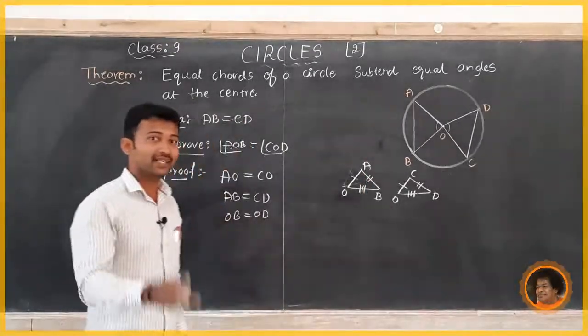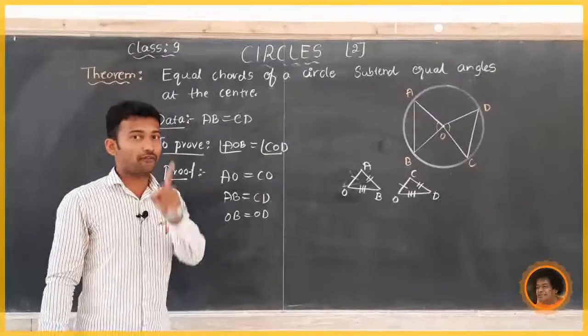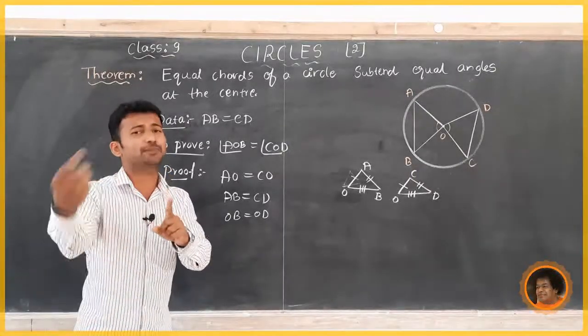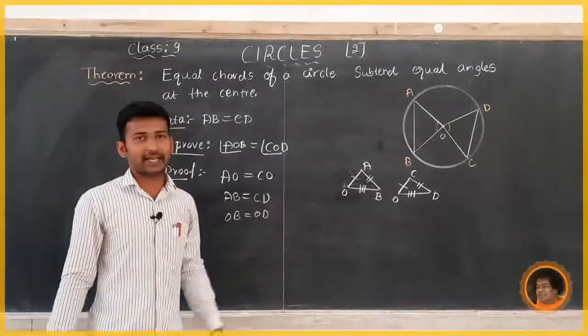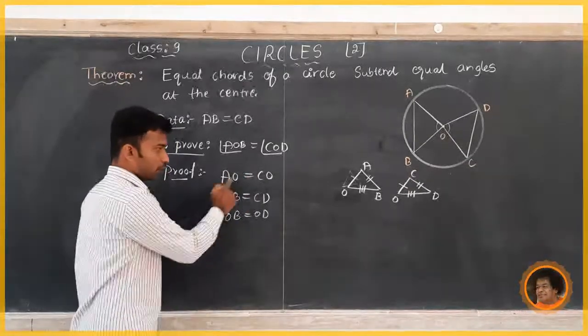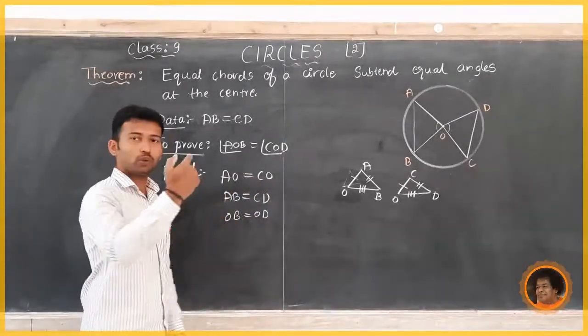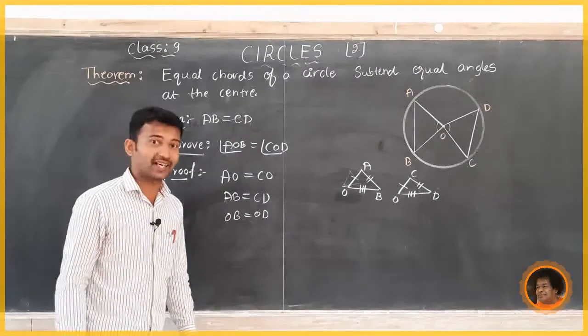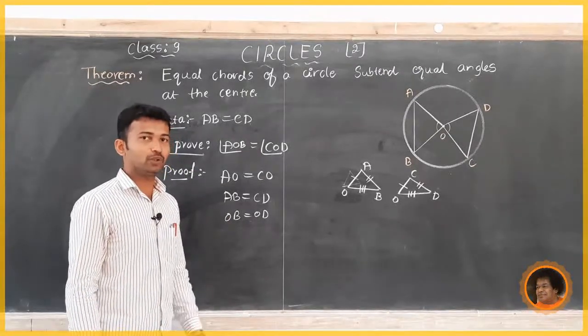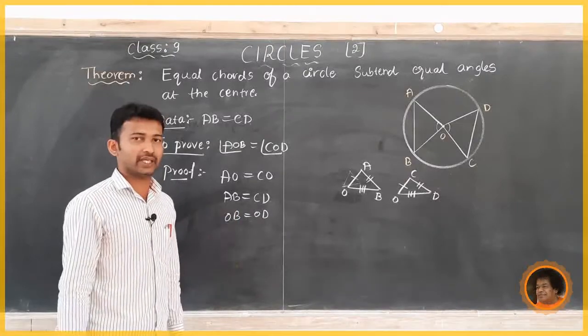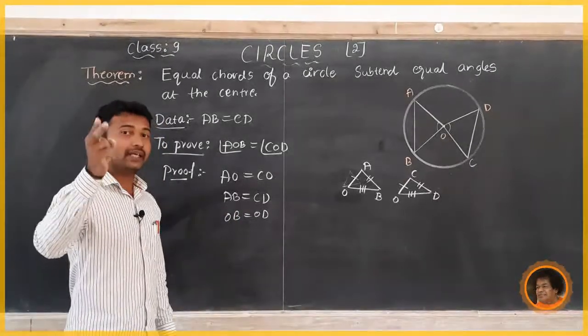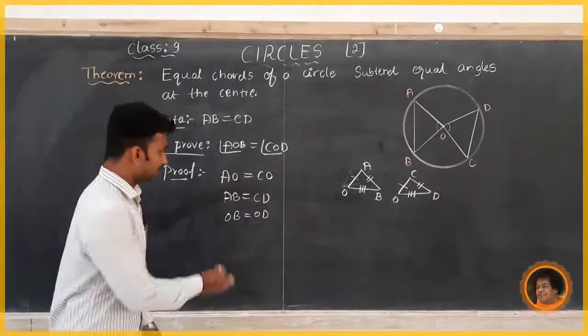Now we have 3 equal elements of one triangle corresponding to the other triangle: AO equal to CO, AB equal to CD, OB equal to OD. So we conclude that by using the SSS postulate, we can prove the two triangles congruent.